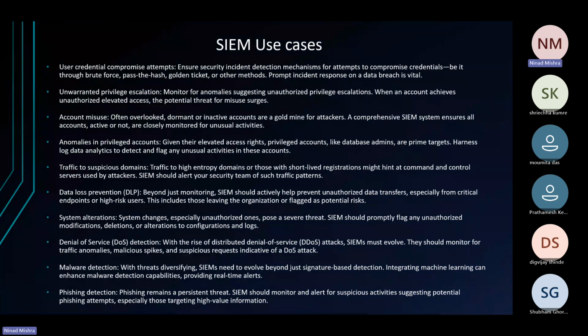Then unwarranted privilege escalation. Monitor for anomalies suggesting unauthorized privilege escalation. We have already seen privilege escalation in our previous lecture. It is when your account is not an admin user, but it is still doing something that only an admin is allowed to do. In the other case, your user itself gets admin access or privileges.